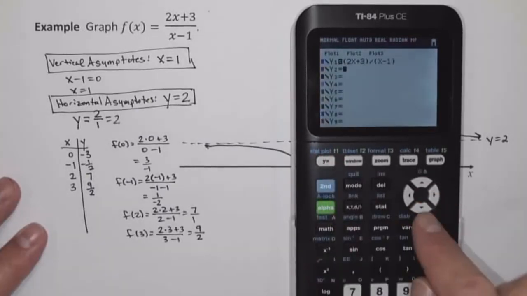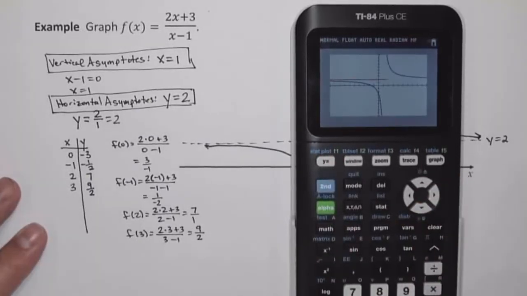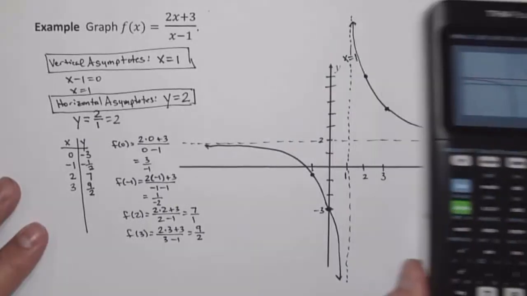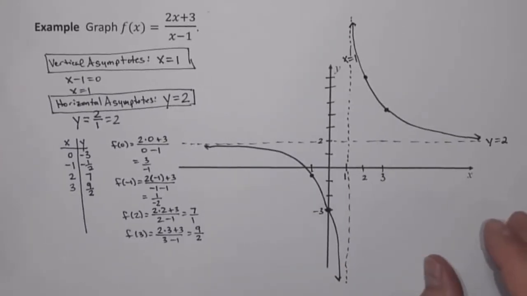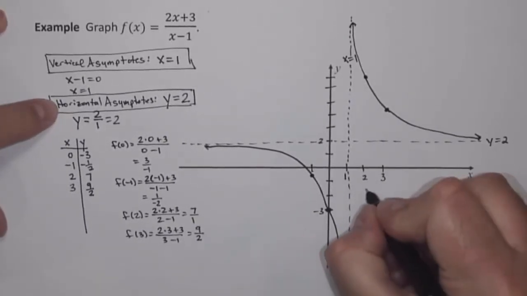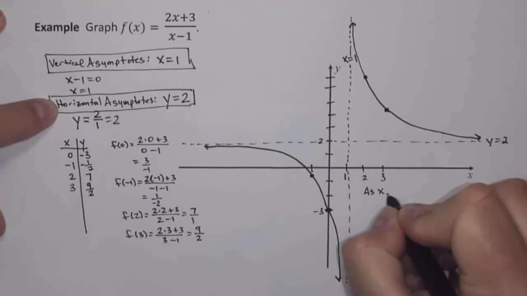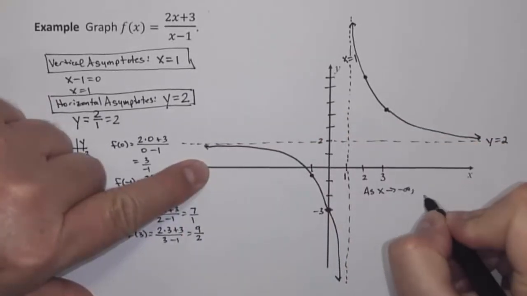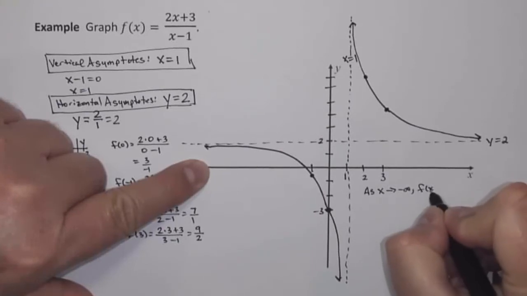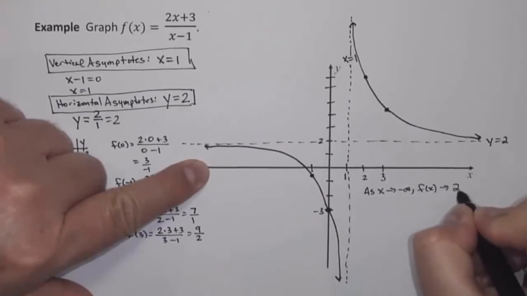In fact, if I draw the y equals 2, we can see that we are approaching that horizontal asymptote. So notation-wise, I can say that as x is going to negative infinity, f of x is going to 2.